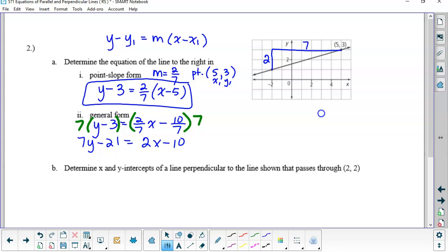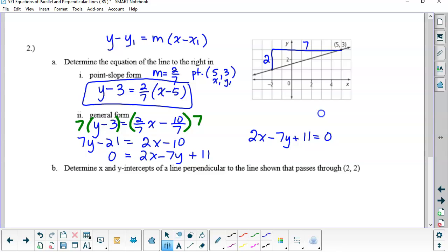And then I want everything on one side. You decide which side it's going to be. My decision, which side, comes from the x term. If this is already positive, I'm going to bring everything to the right. Okay, and then I'm going to rearrange it with all the terms on the left. So that's general form.